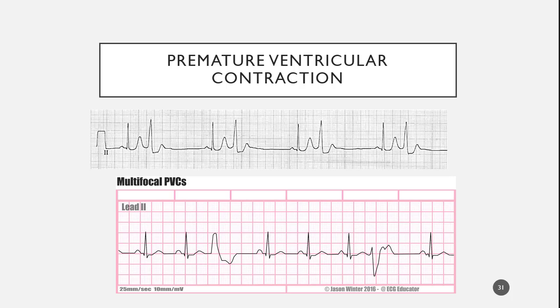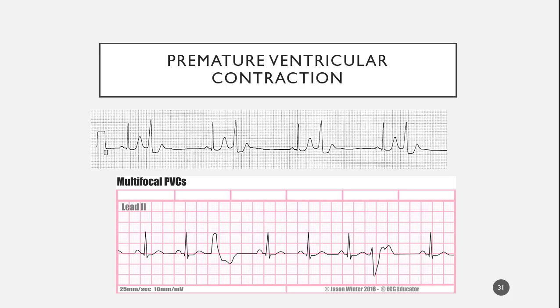When we have these types of PVCs, these are called unifocal, U-N-I-F-O-C-A-L, unifocal PVCs. And what does unifocal mean? Richard? It's coming from a single pacing site in the ventricle. Okay? Tell me a little more. You're about 85% of the way there.